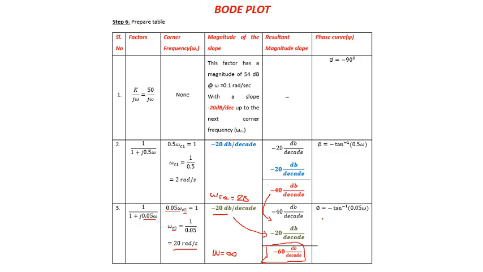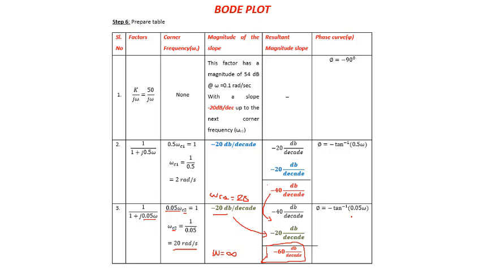Okay, next, filling of the phase curve. So phi is equal to, as usual, minus tan inverse of the imaginary part divided by the real part. The imaginary part is 0.05 omega, so we write here 0.05 omega divided by 1. Like this we complete table 6.